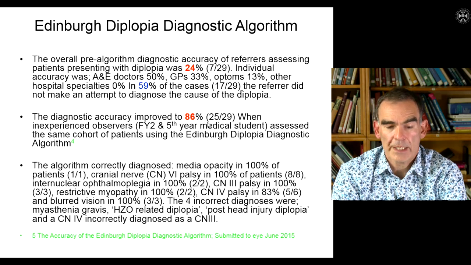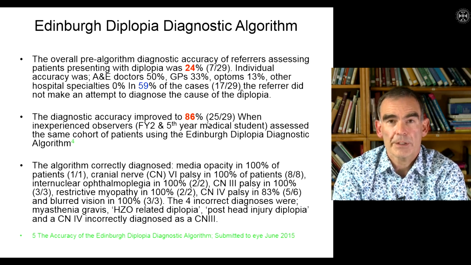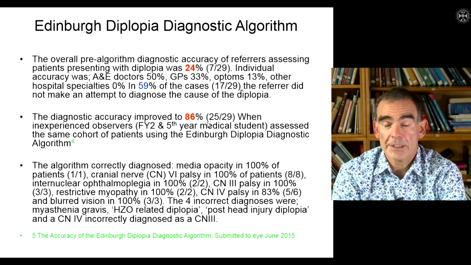Two of the other wrong diagnoses were, as you'll see in parentheses there, HZO-related double vision and post-head injury double vision. Now, those were patients that were seen by a consultant that wasn't a squint specialist, and in all honesty, if you spoke to somebody who was a squint expert, they wouldn't accept either of those two diagnoses as being a real diagnosis.